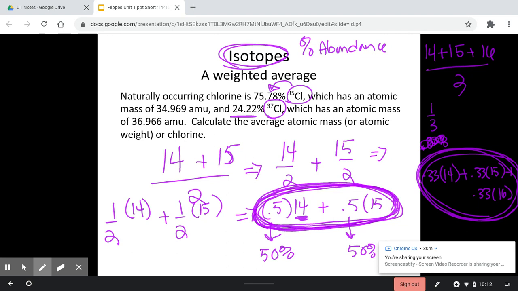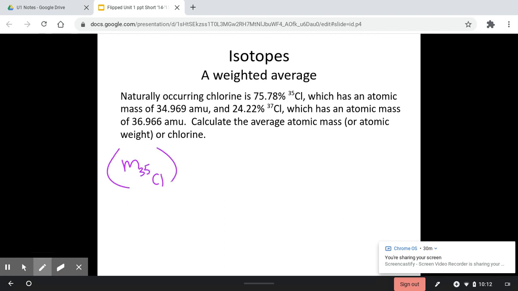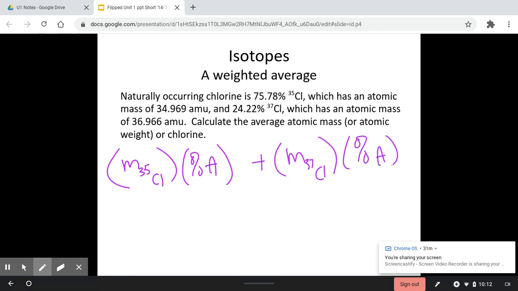So you can see what we're doing here is we're actually finding an average where each of these is 0.5 times 14, also known as 50%, plus 0.5 times 15, again, also known as 50%. Okay, so what you can see that we're doing here is we're taking two numbers, taking 50% of them and then adding them back together, and that's what you get for an average.